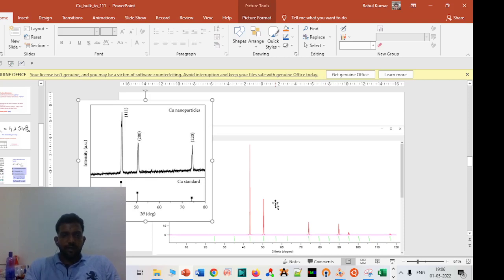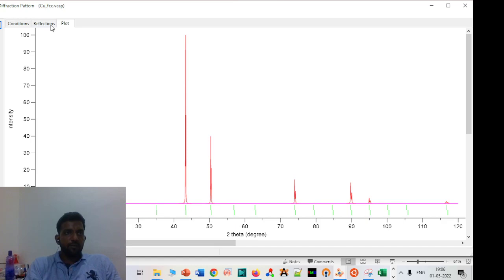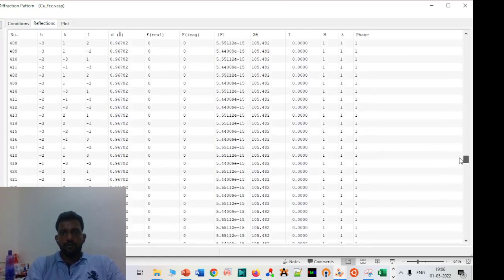Then the other plane we are getting is around 70, which is around 220, so we can also see that. Then there are some more planes, some more reflections that you can see, but in general we can go and check where we are getting them. So let's see intensity.